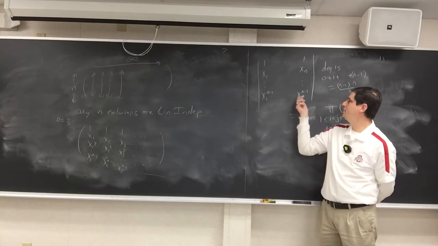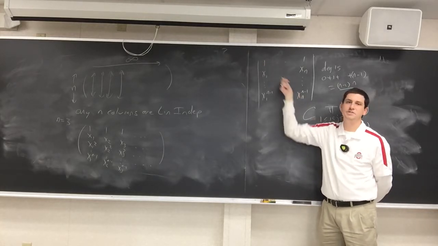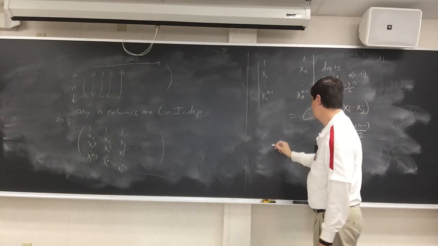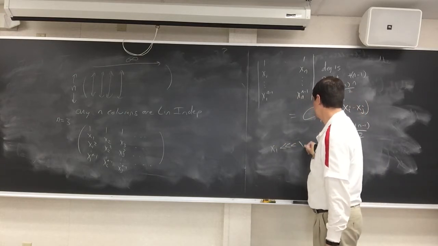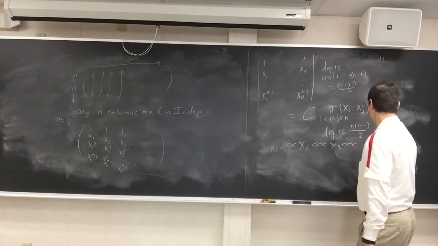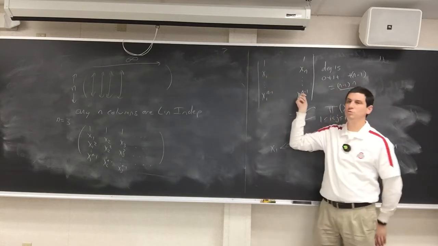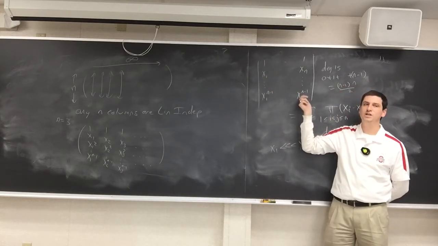Well, what you can do is you can just choose the x's so that they're growing so rapidly that the main term is the main diagonal. So choose x1 much, much less than x2, much, much less than x3, much, much less than xn. And then the diagonal term will be the largest because it has the highest power of xn.